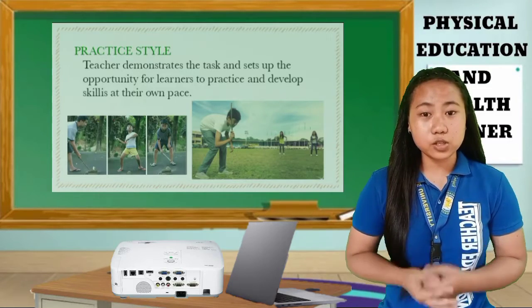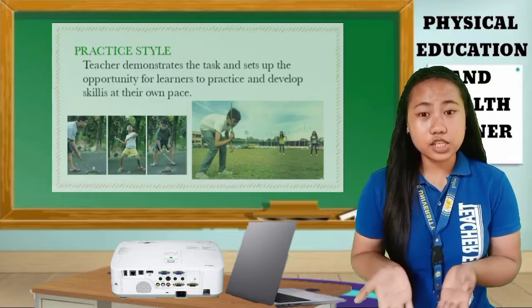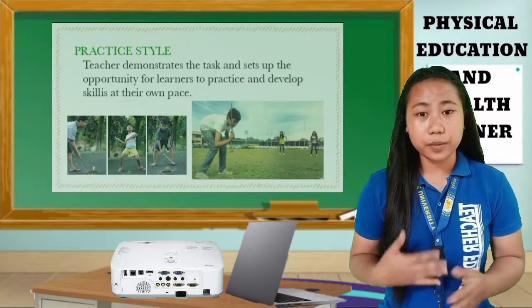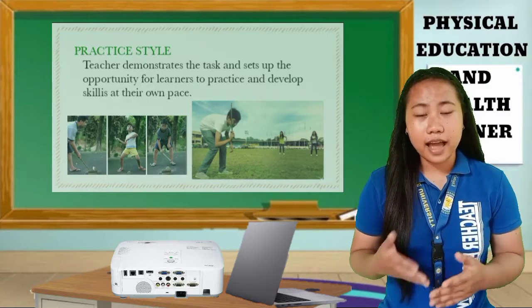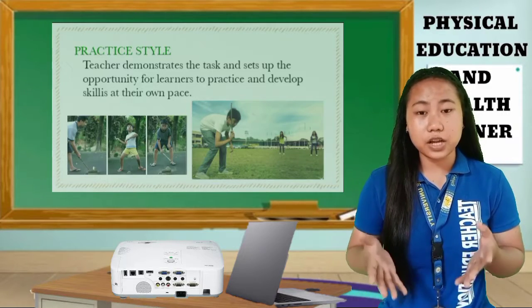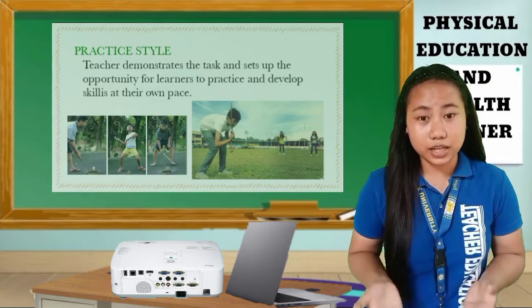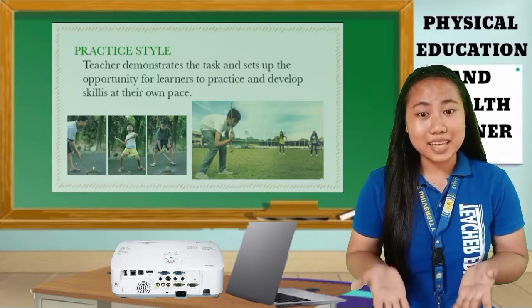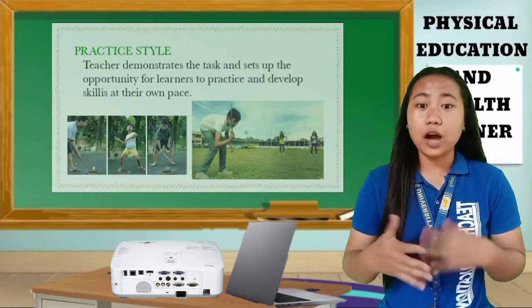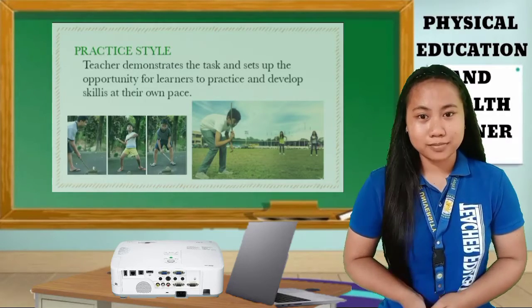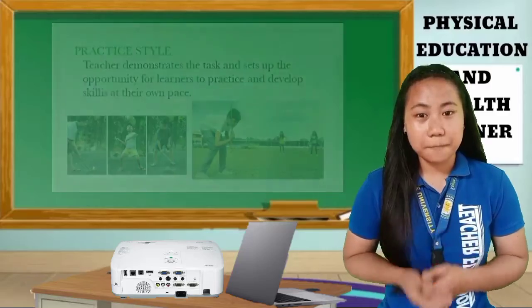Another example is when you are teaching health. The teacher will demonstrate how to give first aid for a basic wound. Then, as the students practice their own basic treatments, you as a teacher will roam around the class and give them feedback on how they are doing the task. And that is the practice method.